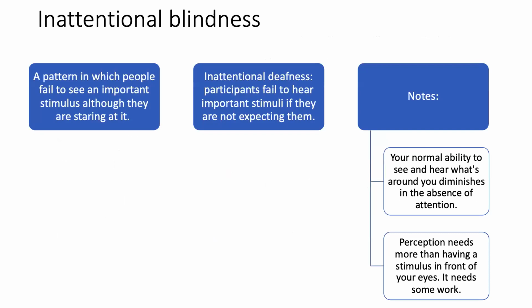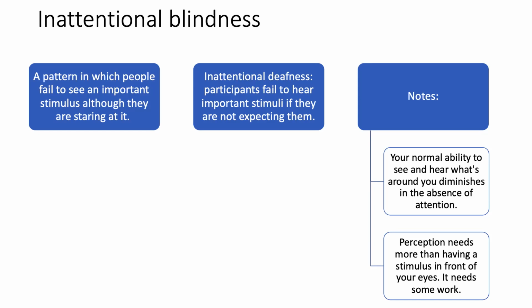Inattentional blindness. It is a pattern in which people fail to see an important stimulus, although they are staring at it. Inattentional deafness. Participants fail to hear important stimuli if they are not expecting them. Notes.